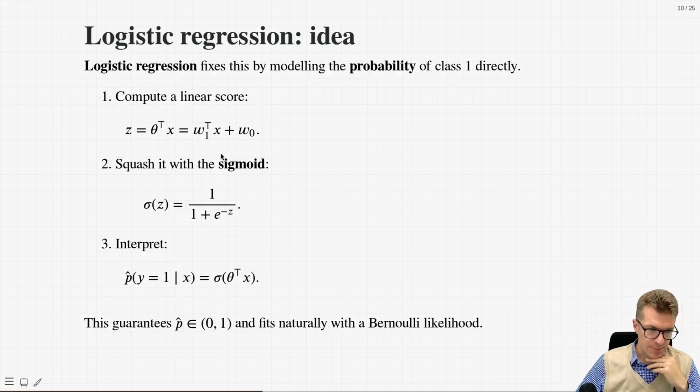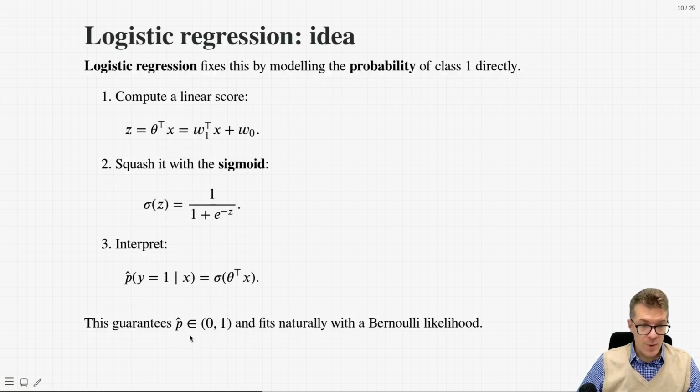Because sigma of this linear approximation goes between 0 and 1, we can say that given x input, the probability that the outcome is 1, in this case that the engine will fail, is given directly from sigma. So we get our probability estimate directly from sigma.